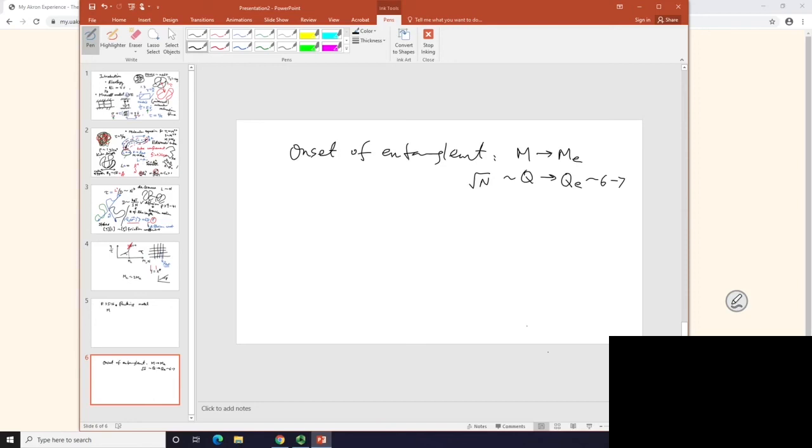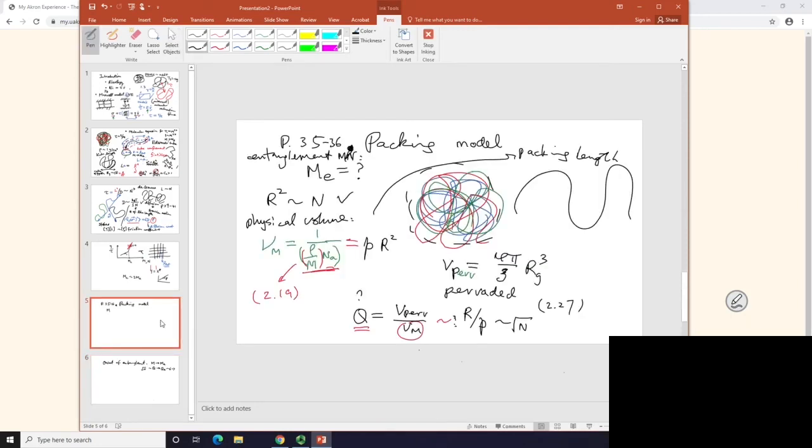Question? Yeah. No, so not surrounded. Q is, you have a pervaded volume, which I defined here, which is just the size of that Gaussian coil.